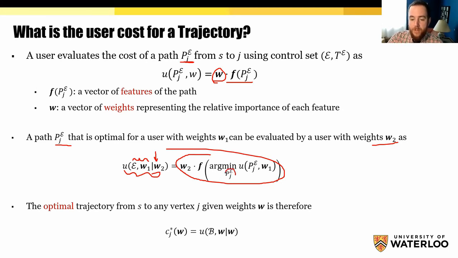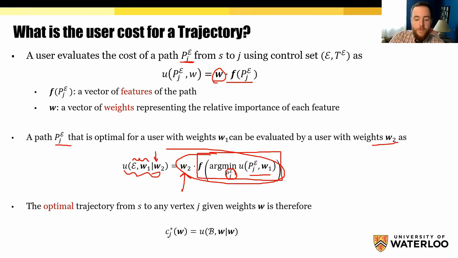PJE represents a path. So we take the minimum over all possible paths using E from S to J and weights W1, and we attempt to minimize the cost. Once we find the path that minimizes those costs given W1, we evaluate the features along that path. Then we take the inner product of that with the weight system W2 representing the weights of a second user.